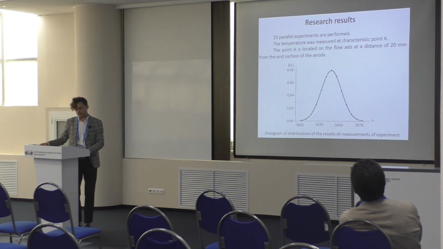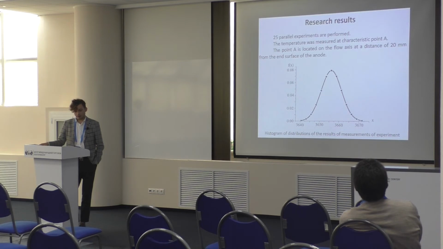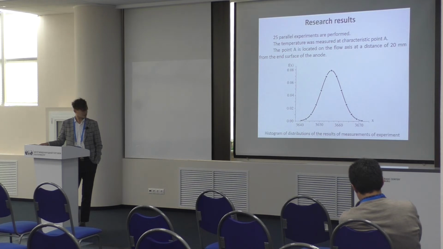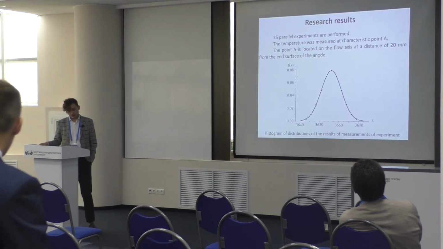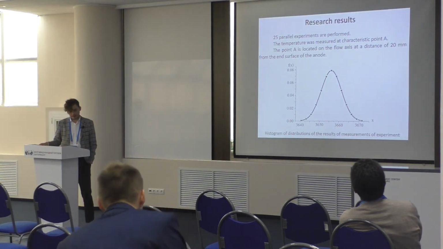To determine the temperature of the characteristic point, 55 parallel experiments were conducted. Based on the results of the study, a histogram was built. As you can see in the slide, the distribution of the random variable obeys the normal Gaussian distribution law.